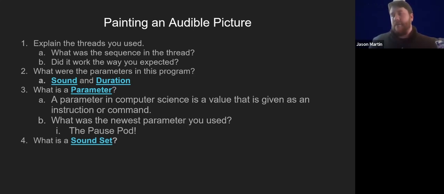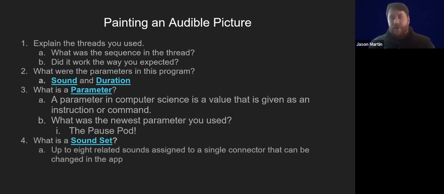So it's just kind of interesting how you can slowly integrate each pod into your instruction. And again, we asked the students what a sound set is, just to confirm that they understand the concept that it's these files that we're pulling that represent different matched sounds together.